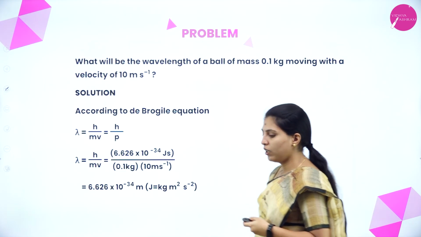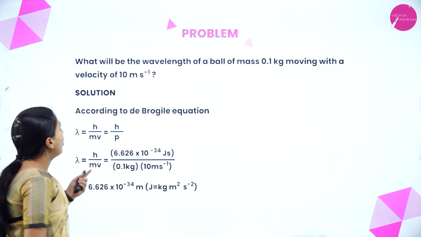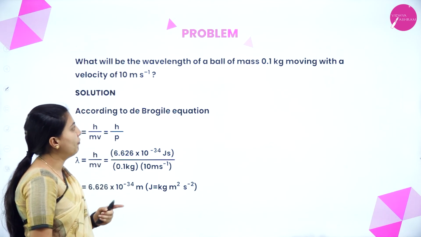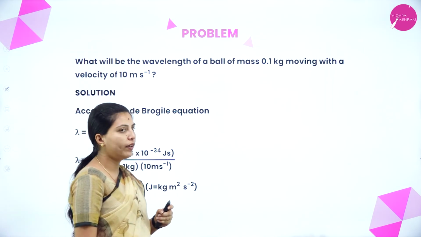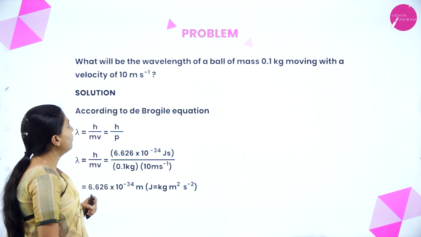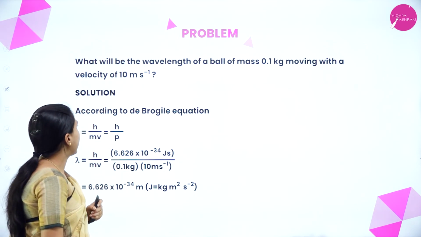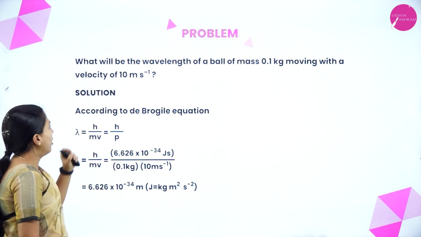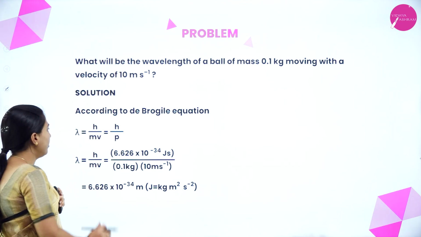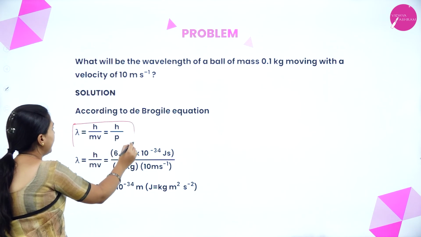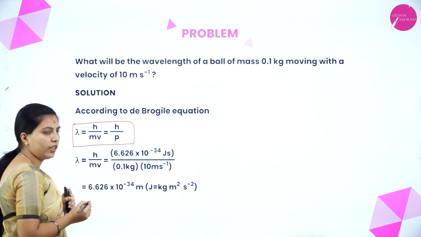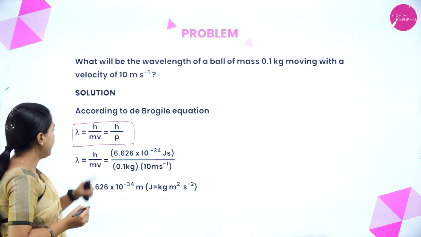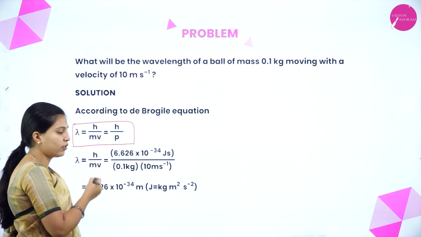Next, we will see two to three problems here. What will be the wavelength of a ball of mass 0.1 kg moving with a velocity of 10 meter per second? Here we have to find out the wavelength. According to the de Broglie equation, lambda equals h by mv, that is equal to h by p. h is Planck's constant.